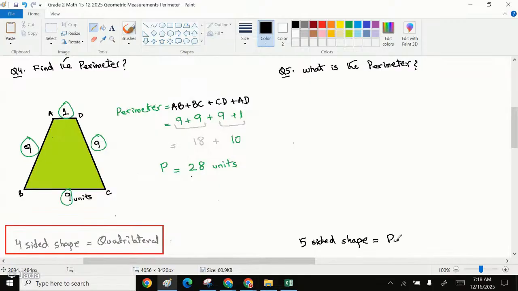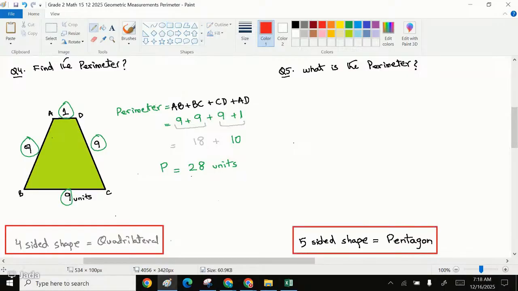Think P E N T A. Penta means 5, and the total word is pentagon. In the word pentagon, gon means sides. Penta and gon, that means 5 sides. Okay, so I'll just highlight this.